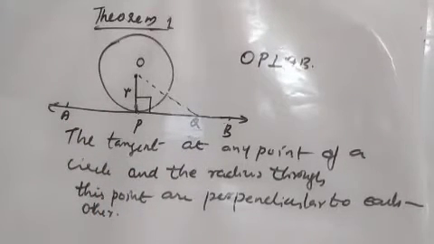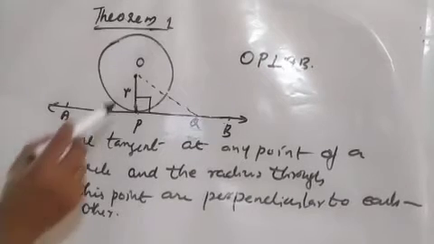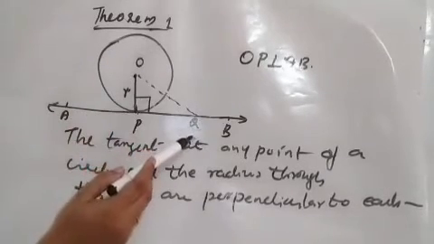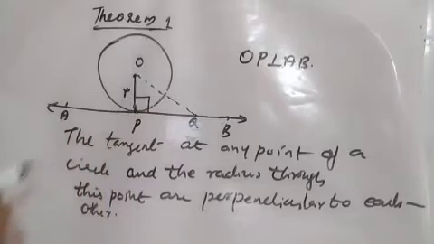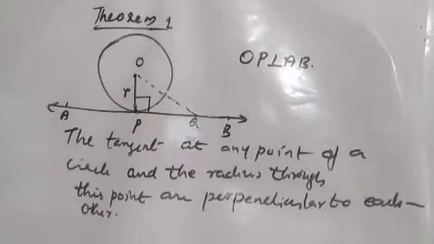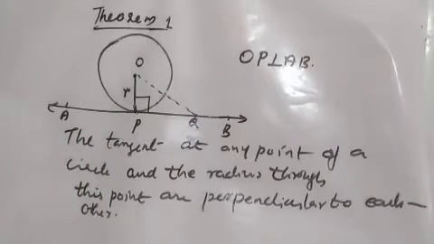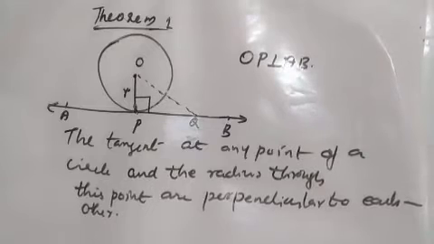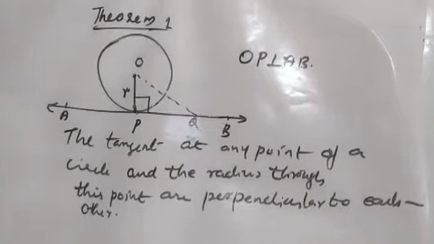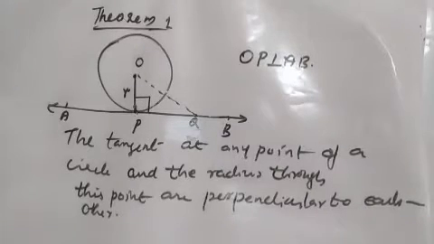Similarly, it can be shown that out of all the line segments drawn from the center to the line, the perpendicular is the smallest one. Perpendicular distance will be the smallest one. When we measure the distance from a particular point to the line, perpendicular distance is the smallest one. So we can say that OP is perpendicular to AB.